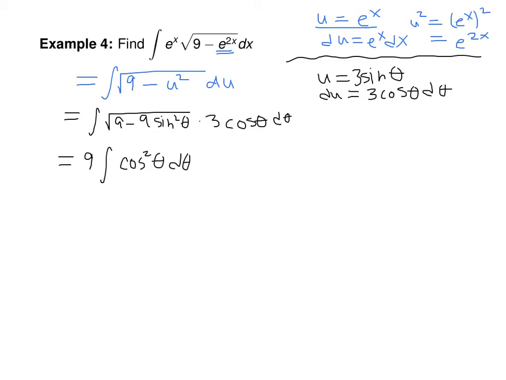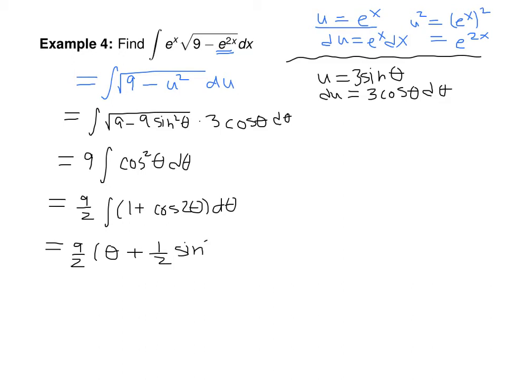Once again, we use our half angle identities. We have 9/2 integral 1 plus cosine of 2 theta d theta. And we anti-differentiate, and we'll have 9/2 times theta plus 1/2 sine of 2 theta plus c.